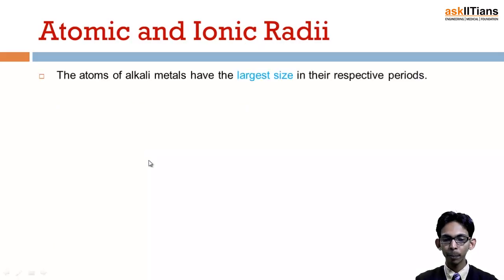Next is atomic and ionic radii. As we have discussed, the atomic radii of alkali metals is largest in the respective period, because alkali metals are group 1, they are present on the extreme left, and we know that the trend of atomic radii in the periodic table is that it decreases from left to right along the period.